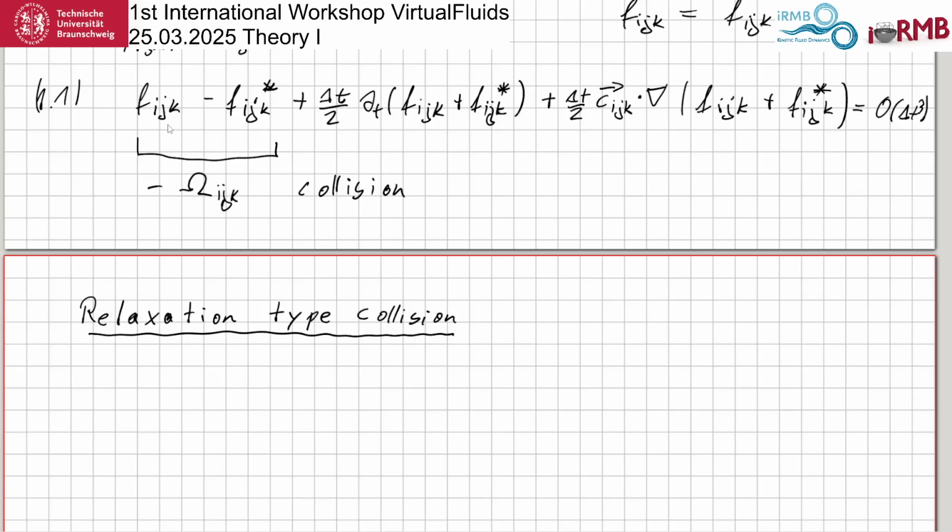So we can basically say that this thing here can be written as an Sijk, which is one relaxation parameter for that particular direction, into Fijk attractor. So this is where it's driven to.